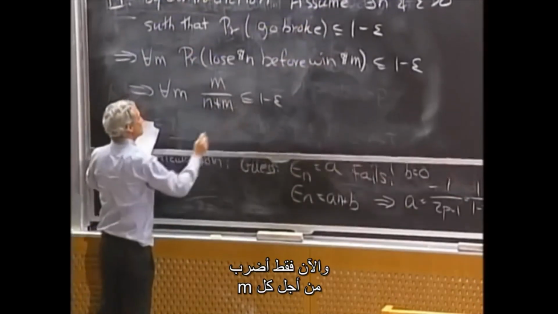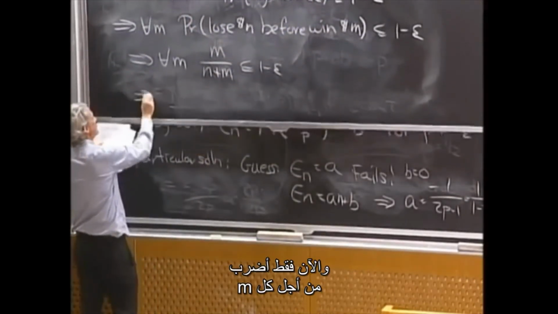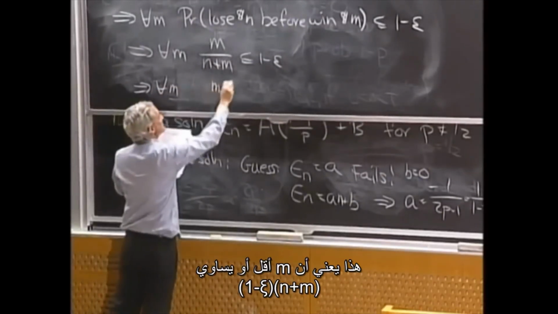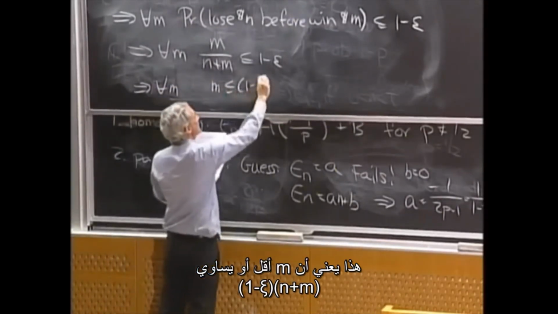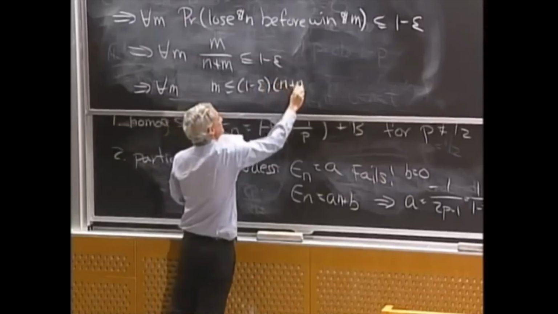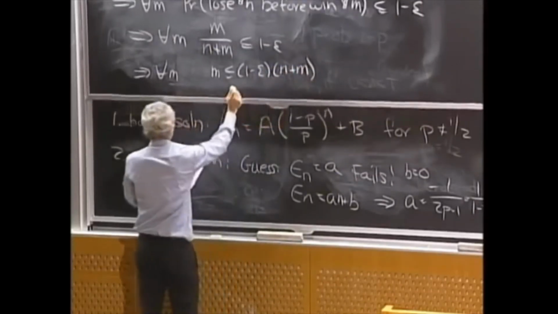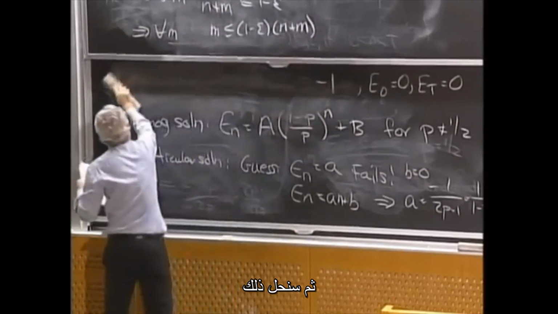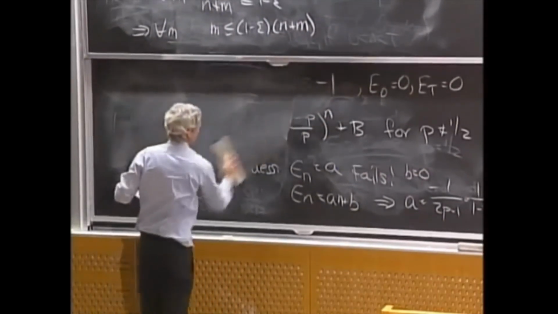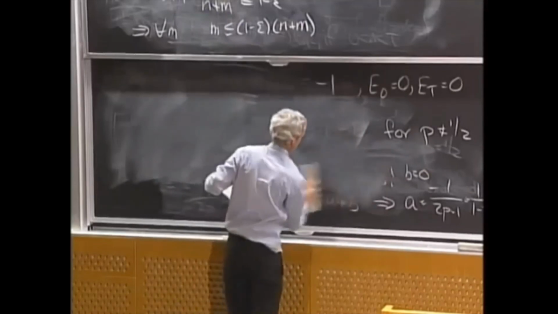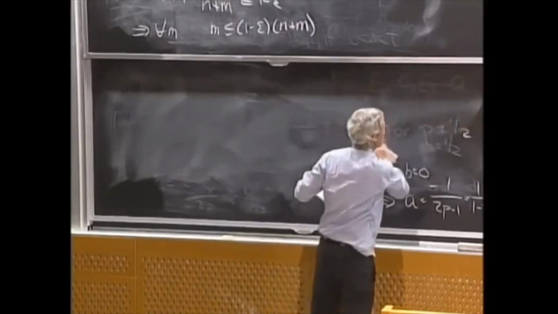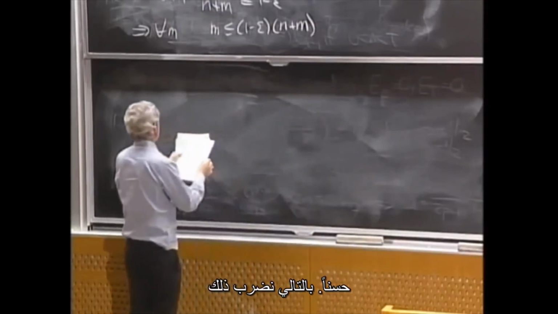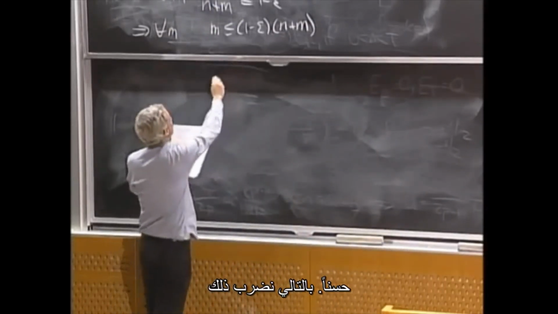And now I just multiply through. For all m, that means that m is less than or equal to (1 minus epsilon) times (n plus m). All right, and then we'll solve that. Okay, so just multiply this out.